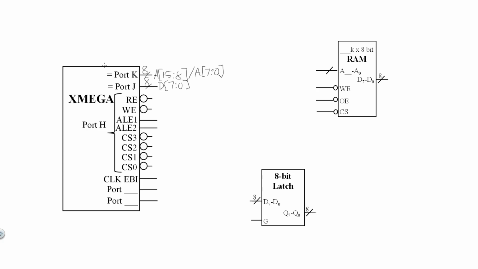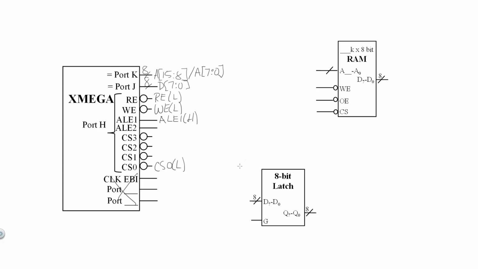The read enable and write enable signals are both active low, so I'll label them indicating the activation level. It's always good practice to label the activation level when drawing these schematic diagrams for clarity. ALE1, we're not using ALE2, so I don't need to fill it out. I arbitrarily chose to use CS0, so I'm going to just populate that one. And in this case, I don't need to worry about any of these, but on exams, you might have to use additional ports for some reason.